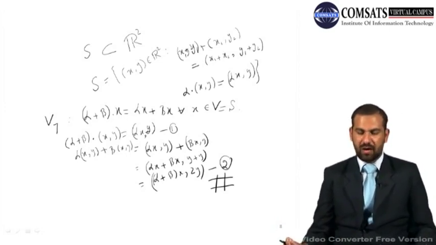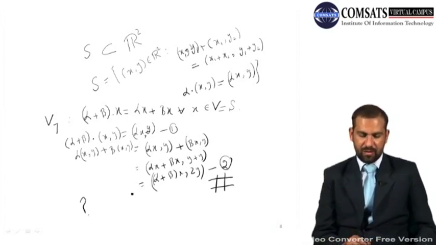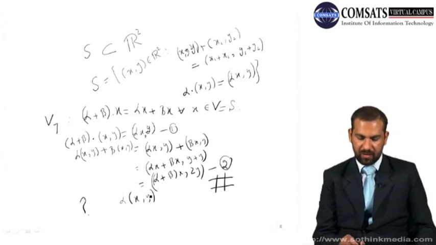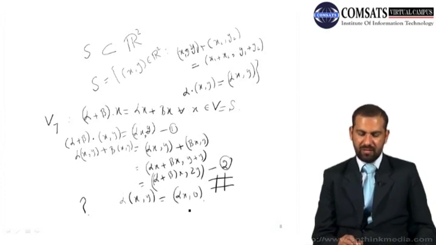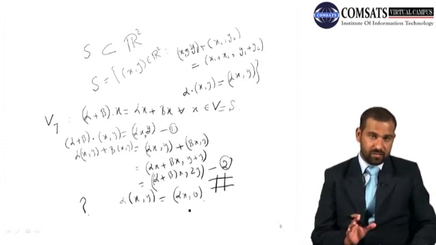For a vector space, all the conditions must be satisfied. Here is something for your thinking: if we take alpha (x, y) defined above to be equal to (alpha x, 0), in this way, then my question is: is this a vector space?